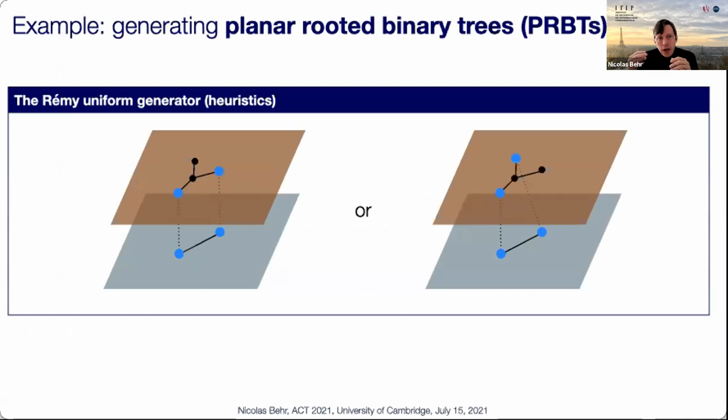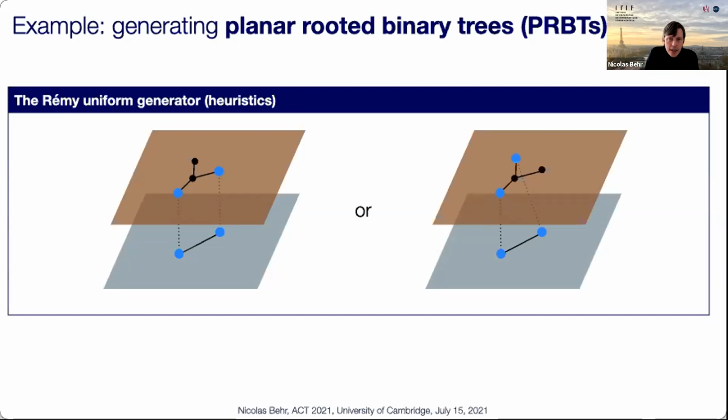So the point is, here I'm looking at a problem in combinatorics: the uniform generation of planar rooted binary trees via the Rémy generator. And the Rémy generator is an ingenious idea. Everybody knows that, for example, if you have 100 vertices and you want to get a random tree on it, there are 10 to the 217 possible isomorphism classes, so it's difficult to pick.